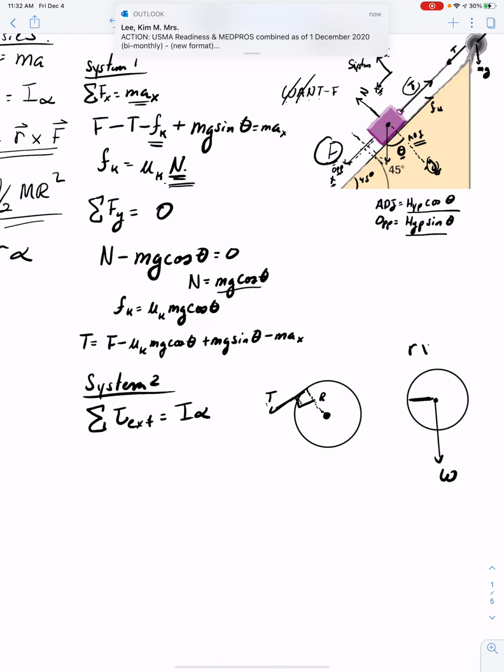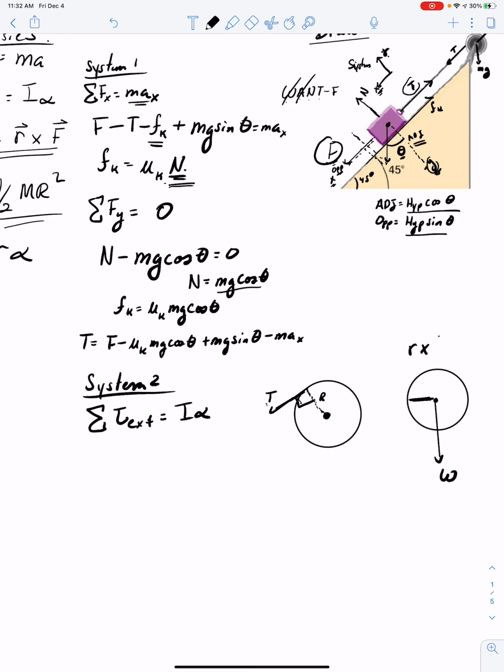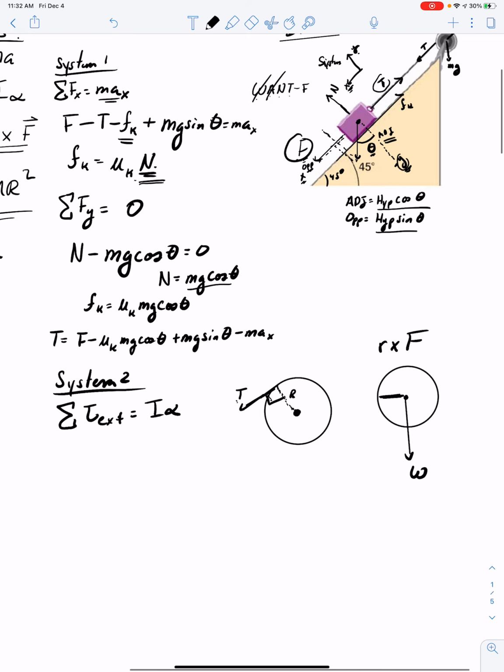If we follow our equation where it says R cross F, we have no radius left on this, no distance from the axis of rotation. It is literally a force acting right down the middle of that circle. So this R distance would be 0. And thus torque would be 0 for the weight. But we have torque because of the tension that's acting tangential to the circle.